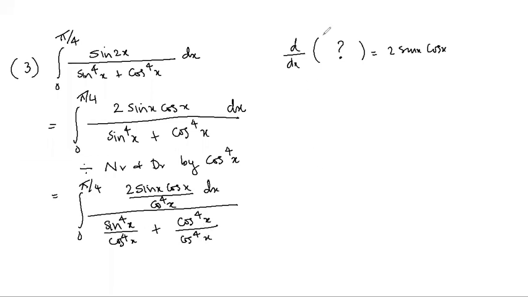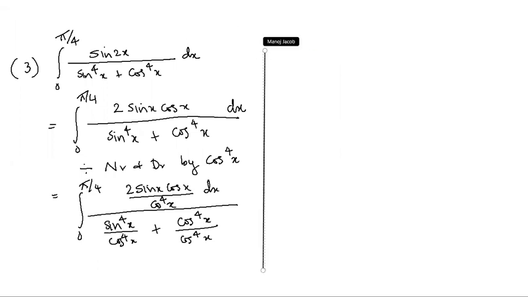Now the numerator became very interesting: 2 tan x into sec square x. Check whether it's right or wrong.